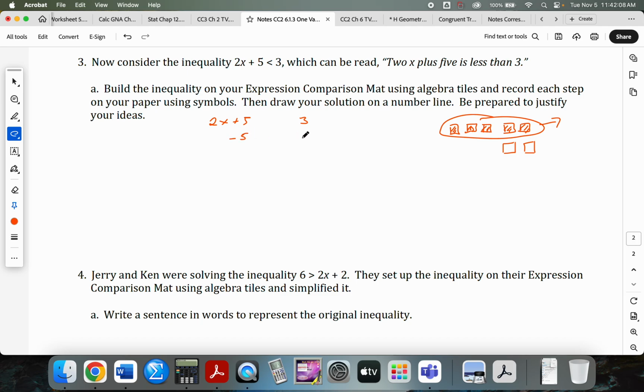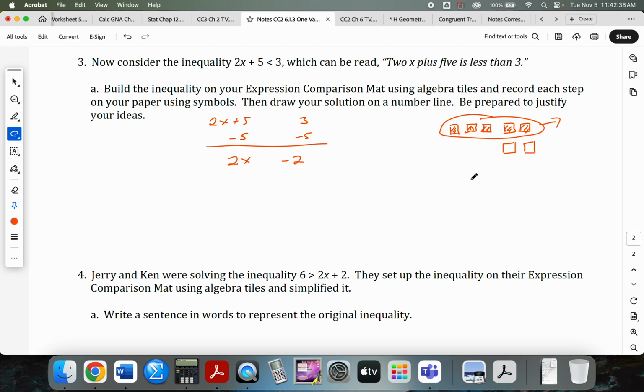So we're subtracting 5 unit tiles from both sides. So we have 2x and -2. So if we have 2 x's, and we're comparing that to negative 2, well, could we divide them both in half? Right?